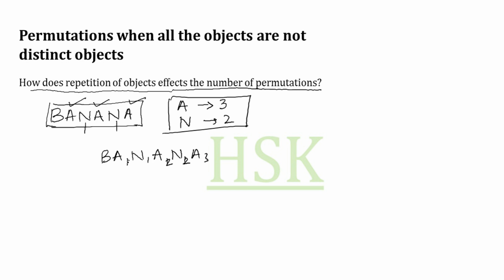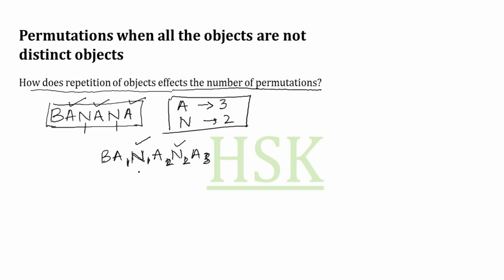So I make these A's distinct by giving them the numbers A1, A2 and A3, and I also make both the N's distinct by giving them numbers N1 and N2.